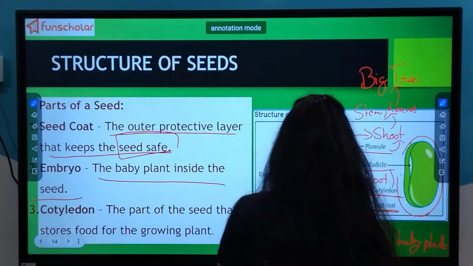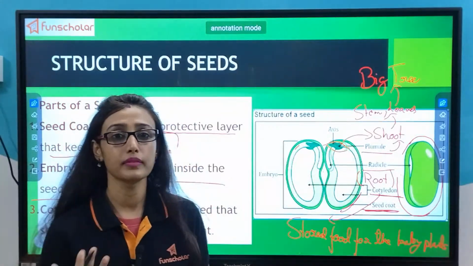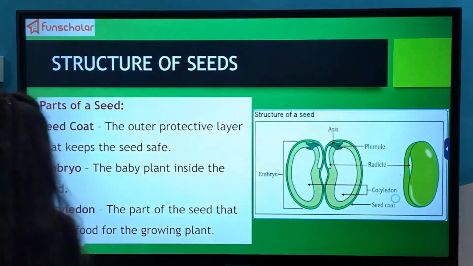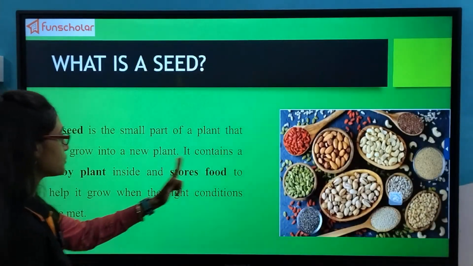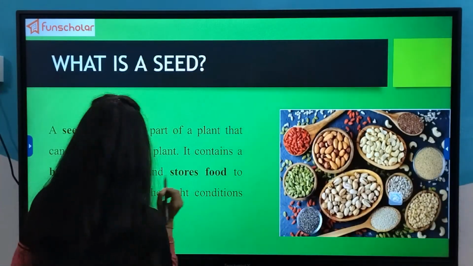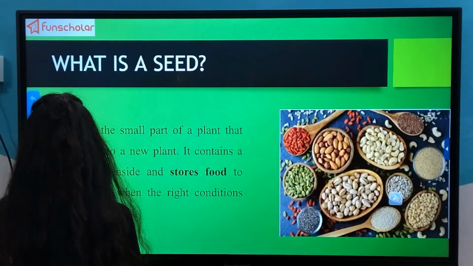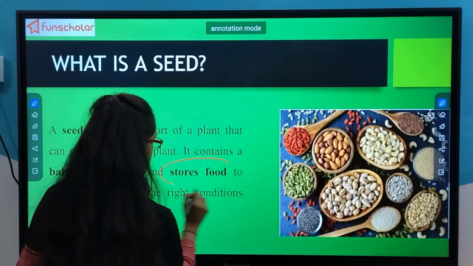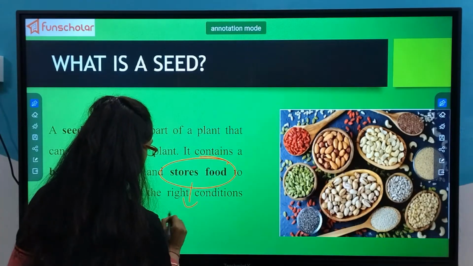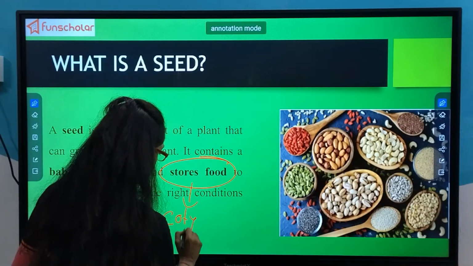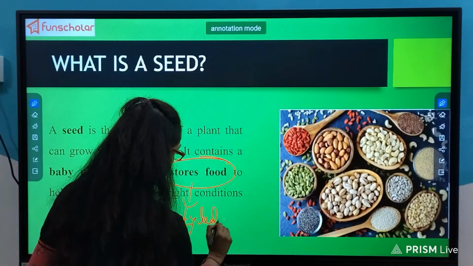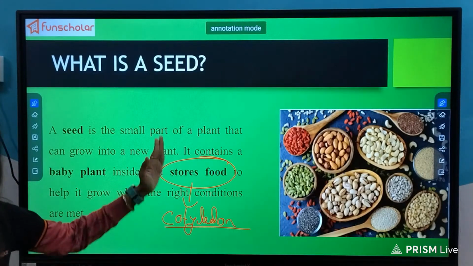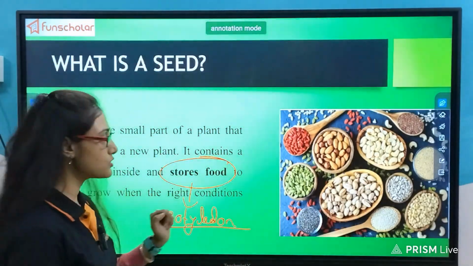In the previous slide, we have seen that it stores food. So this stored food is nothing but the cotyledon. The other name of cotyledon is stored food. Stored food means cotyledon. Okay, understood?